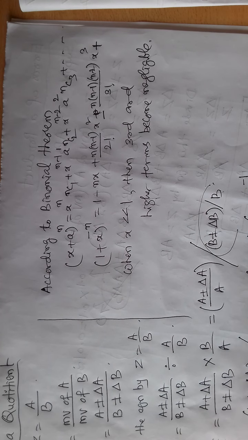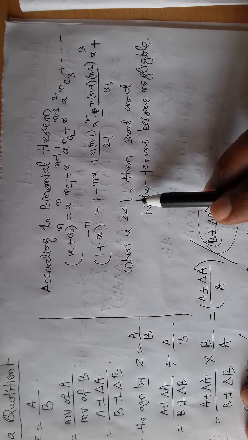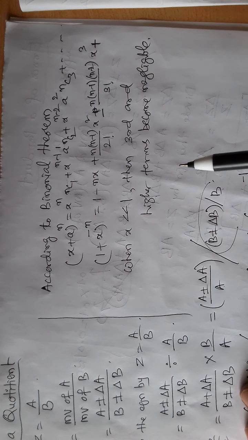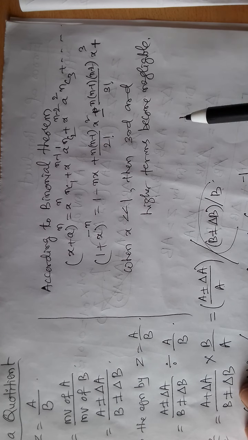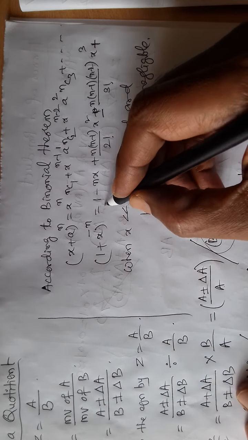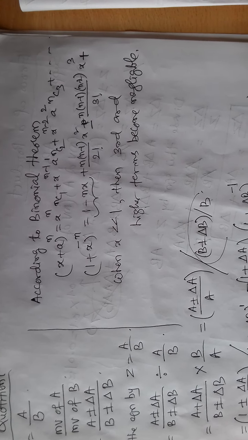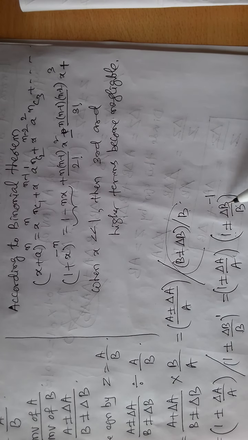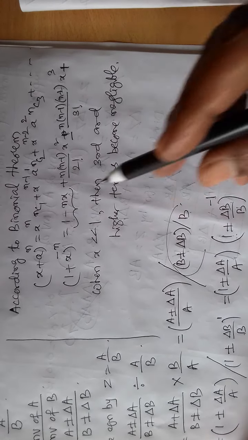So in binomial expansion, when this term is far less than 1, only the first two terms are considered worthy, and afterwards the third and higher order terms will be negligibly small, so that you can take only up to the first two terms. So here also, in the present example, delta b by b will be far less than 1. Therefore, you can expand this up to two terms in this fashion.